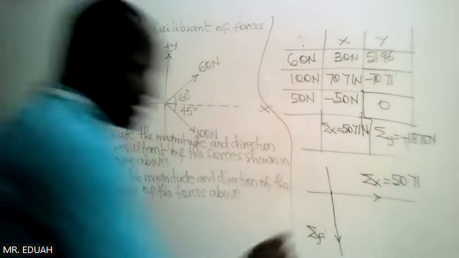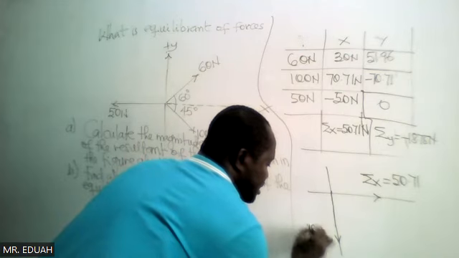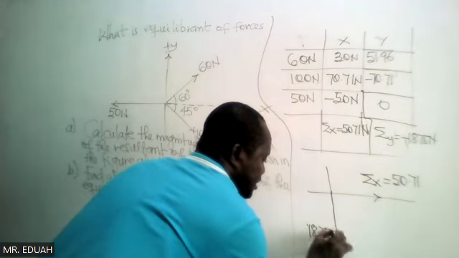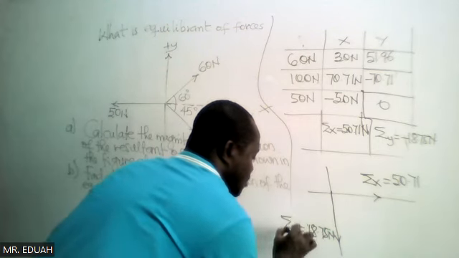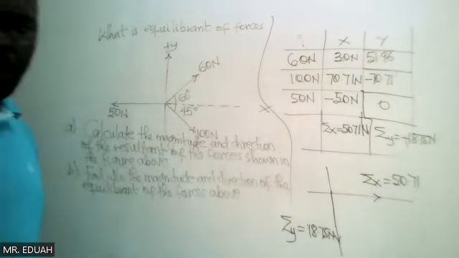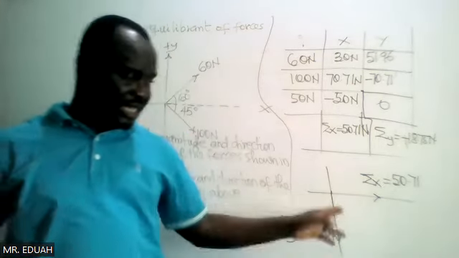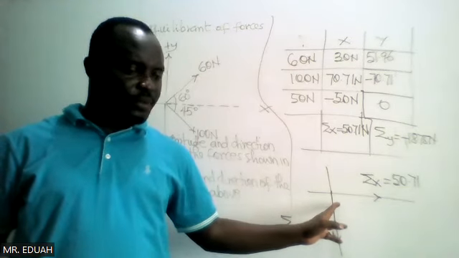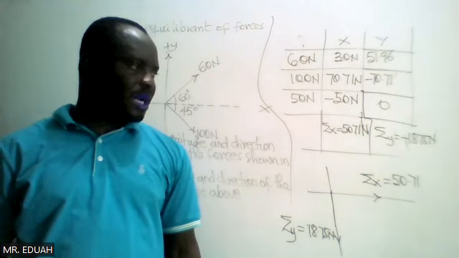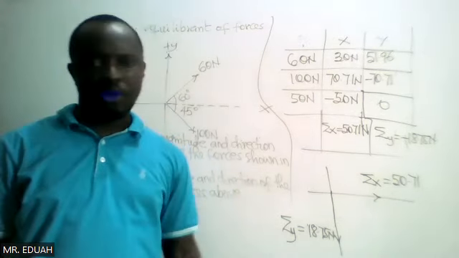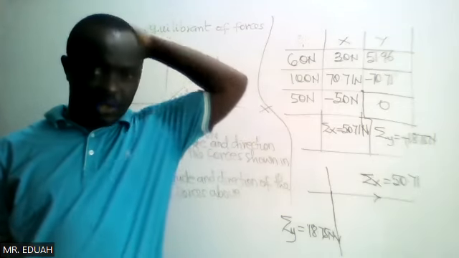Let me create space for the writing. Summation y. So in which direction are we going to have the resultant? Will it be on the x or y or where? Where would the direction of the resultant be?